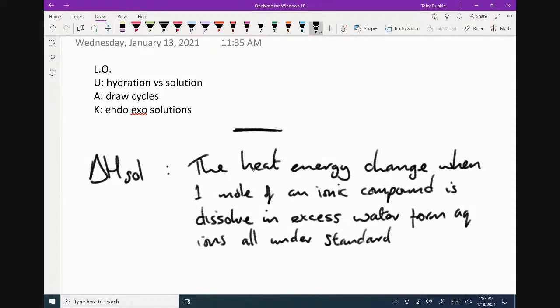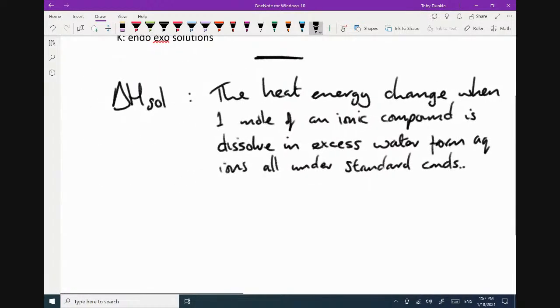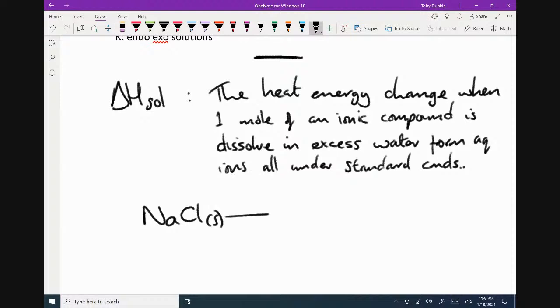You don't need standard states here. Standard conditions, of course, is constant pressure. Equation: NaCl solid going into excess water to form Na plus aqueous and Cl minus aqueous.